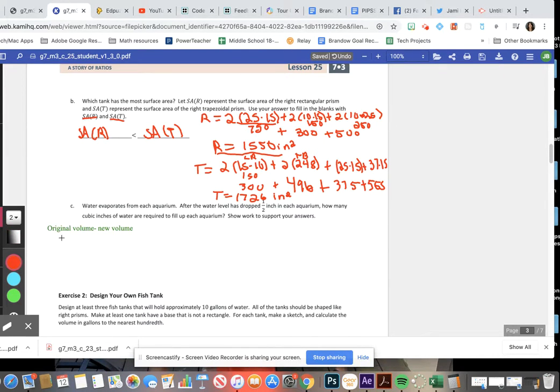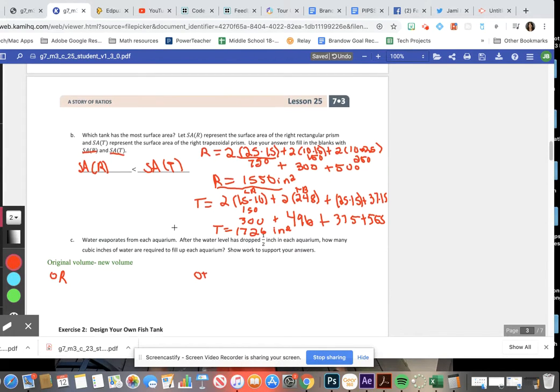The original volume on R and the original volume on T. Let's go back and look at those.